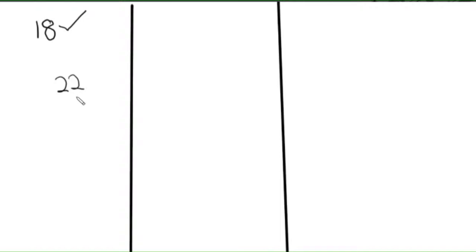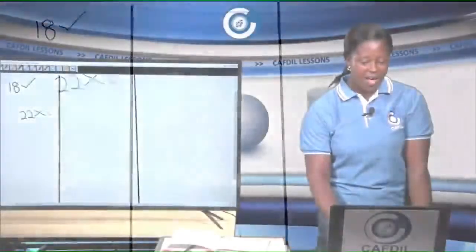Yes, 2 is an even number. All right. Let's look at the other part of the rule. The sum of the digits. We have 2 and then 2. Let's add and see. 2 plus 2 is 4. 4 is not divisible by 9. Therefore, this number, 22, is not divisible by 18. Okay.